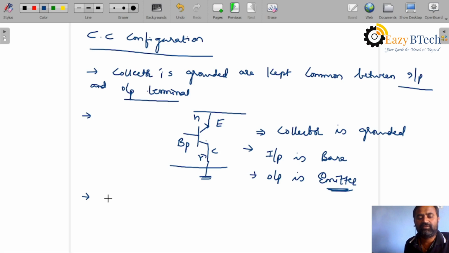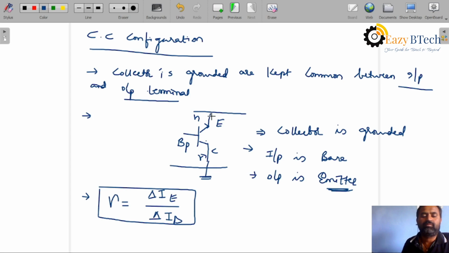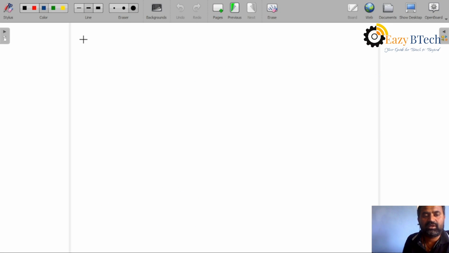Similarly, the current gain factor gamma is equal to the output current change in IE by change in IB. If you draw the diagram, you can understand the common collector configuration.